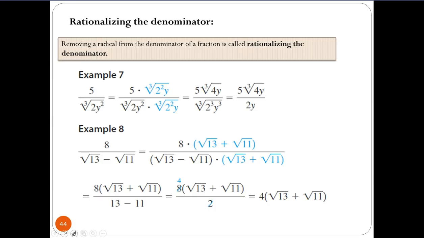If we have for example 2 over radical 3x, to rationalize here we need to multiply with the conjugate. What's the meaning of conjugate? If we have square roots, we multiply the denominator by itself, radical 3x, and the numerator by radical 3x too.